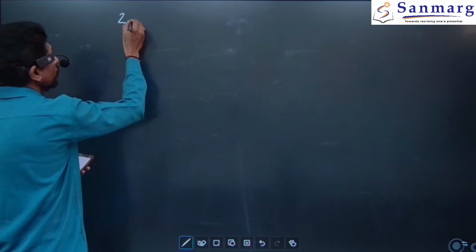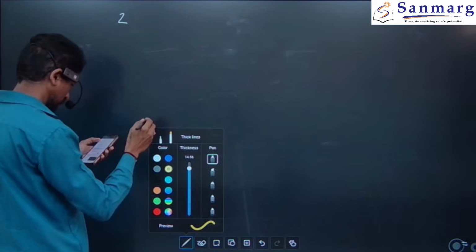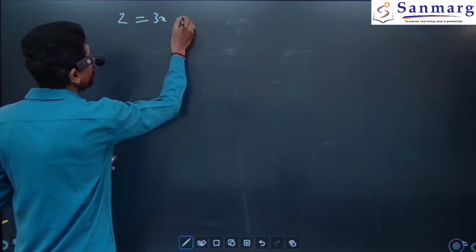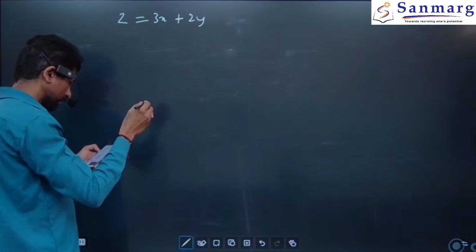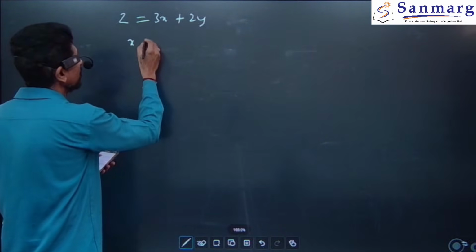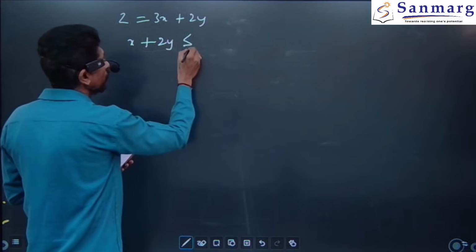Z is equal to 3x plus 2y, and the constraint equations are x plus 2y less than or equal to 10.